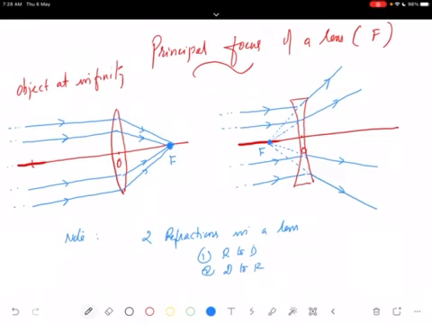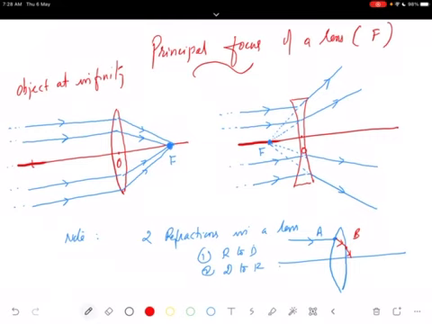Just for example, suppose this is a convex lens, this is a principal axis, and one ray is coming parallel here. At this point A, it is entering from rarer to denser medium, bends toward the normal. So it comes like this. At the point B, again it goes from dense to rarer, bends away from the normal, and finally comes here. So two refractions are there.